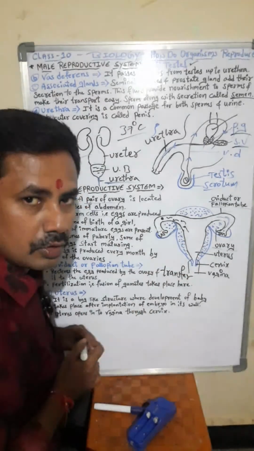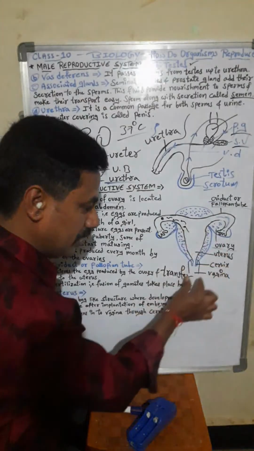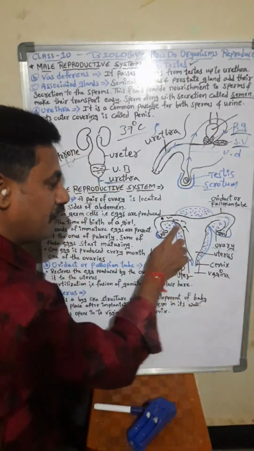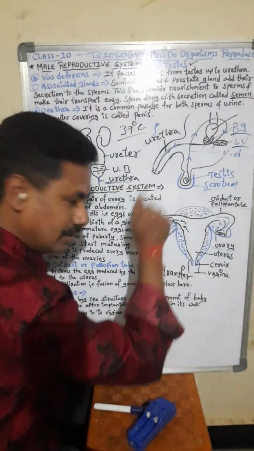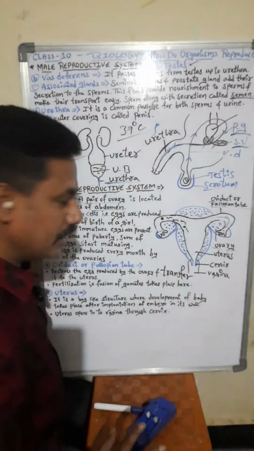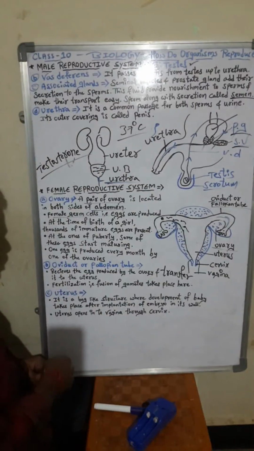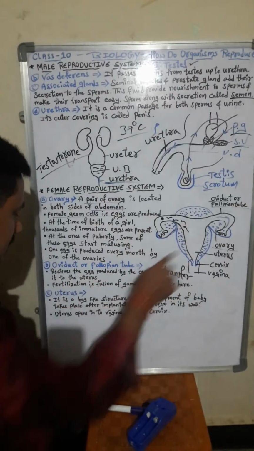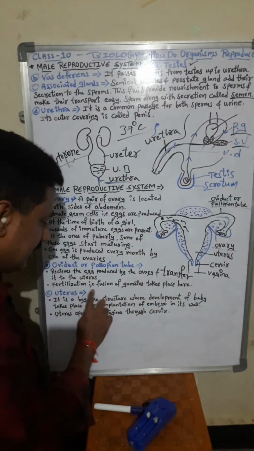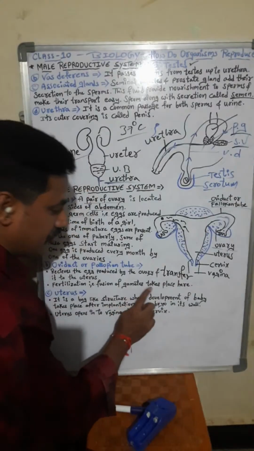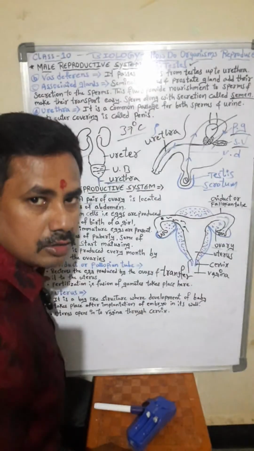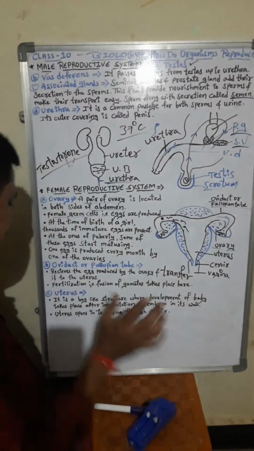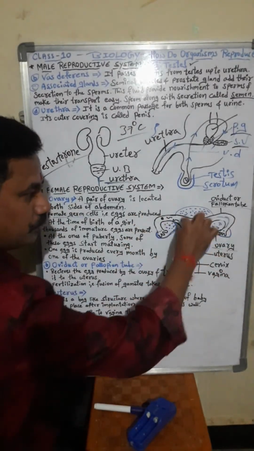Fertilization will not take place in the vagina or in the uterus. It takes place in either this fallopian tube or the other one. Fertilization, that is the fusion of male and female gametes, takes place here only. Clear? Fine. So this is about the fallopian tube.